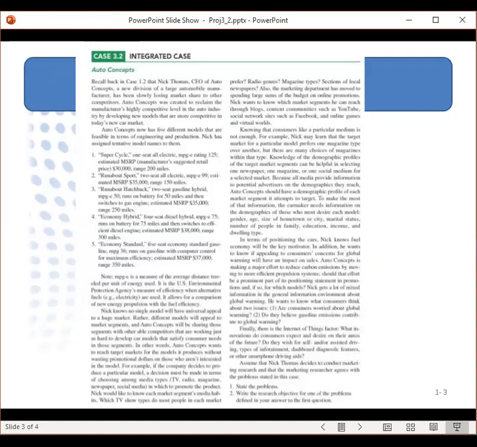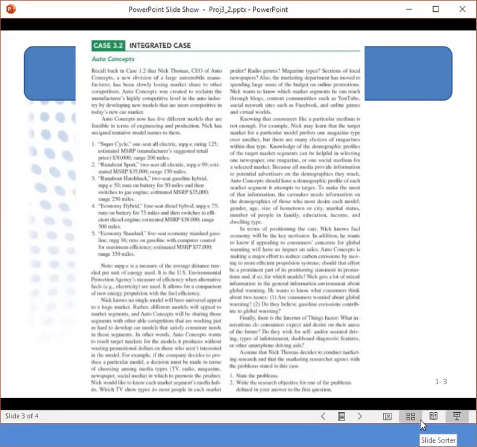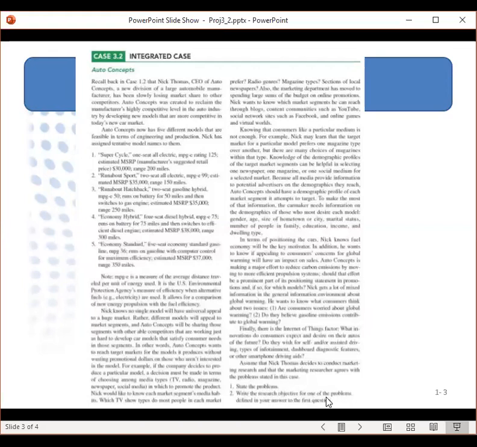It's case 3.2. So spend about 20 minutes reading through that, and we'll then go through and answer the questions that are at the bottom here. State the problem and write the research objective for one of the problems defined in your answer to the first question.